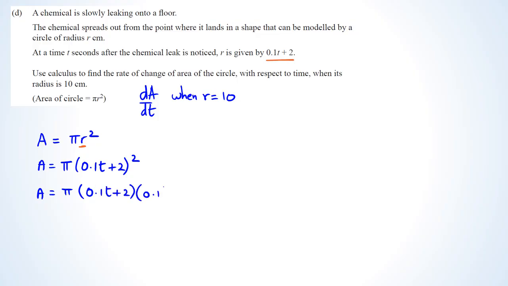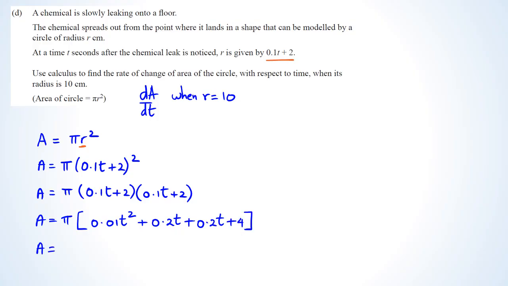Because I've got to expand the brackets, guys, (0.1t plus 2) squared is going to be written like this. So A is equal to pi multiplied by 0.1t times 0.1t, which becomes 0.01t squared, plus 0.2t plus another 0.2t, and plus 4.